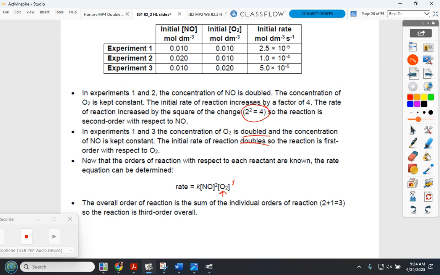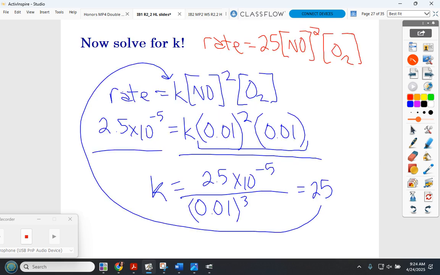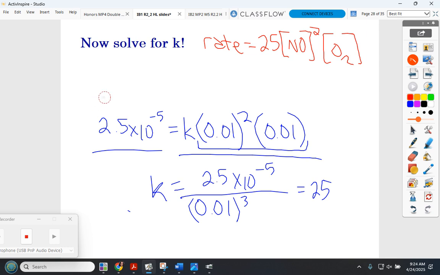Concentration divided by time, that's how we get the rate, right? And then we have moles per decimeter cubed as our concentrations. So in this case, we have moles per decimeter cubed per second.